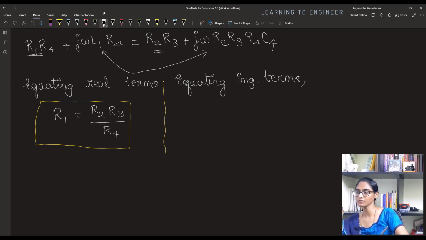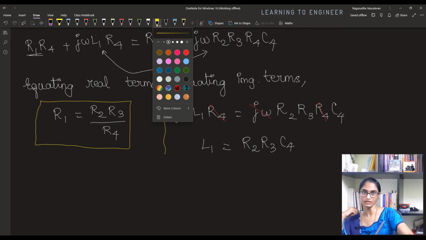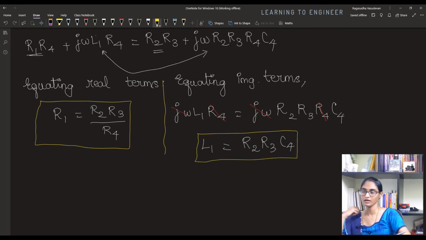We get j omega L1 R4 to be the same as j omega R2 R3 R4 C4. Now the j omega terms cancel, the R4 terms cancel, so the balance is L1. So L1 is equal to R2 into R3 into C4. Let's park this. Now we have found the value of the unknown resistance as well as the unknown inductance.